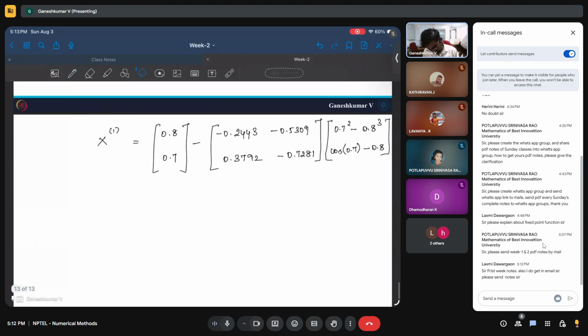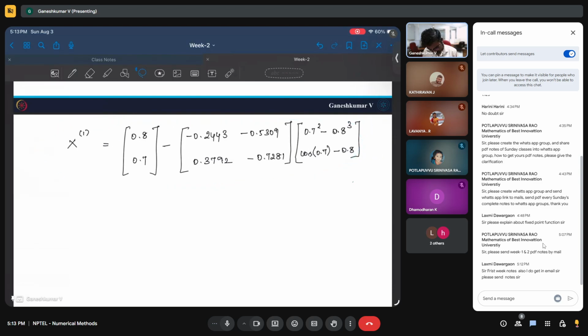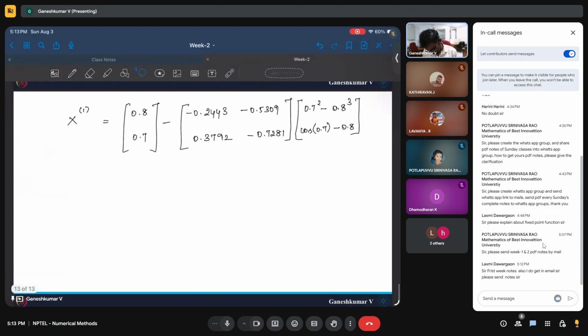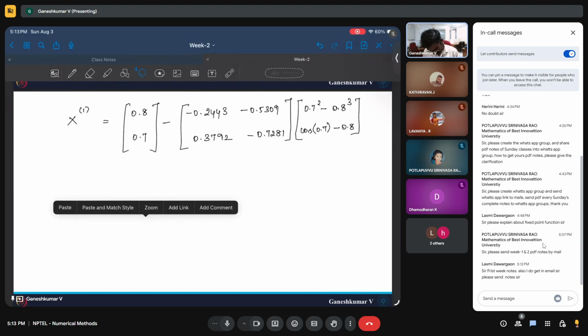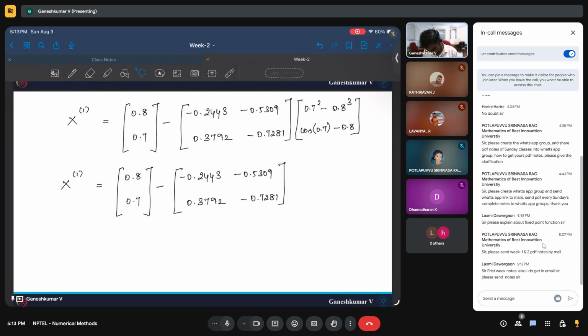Maybe I will simplify it a bit. So this becomes 0.7 square minus 0.8 cube is 0.022, and this is minus 0.03516.